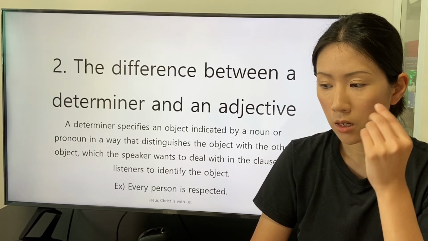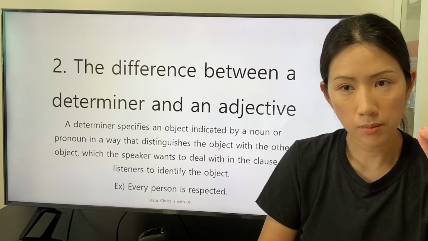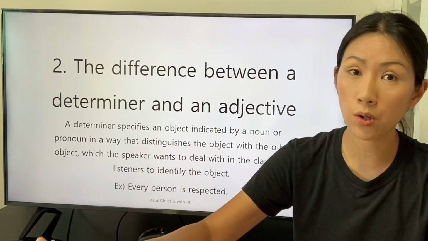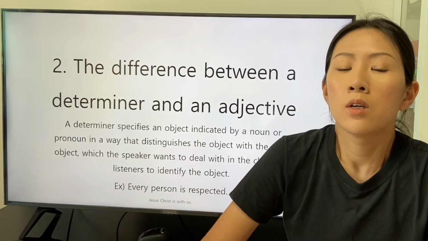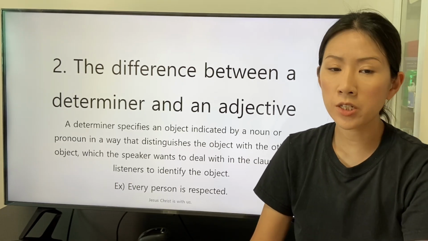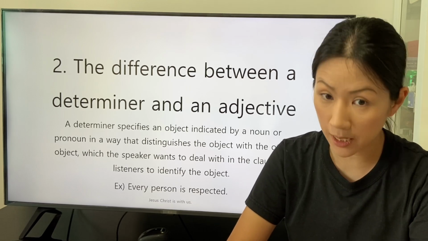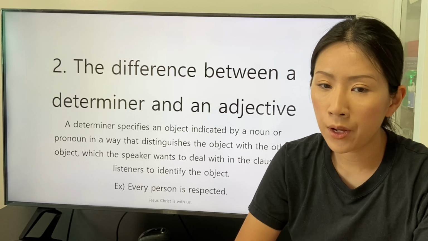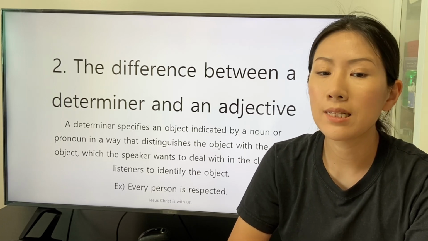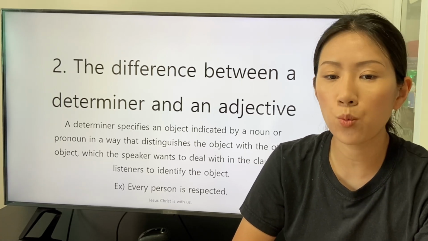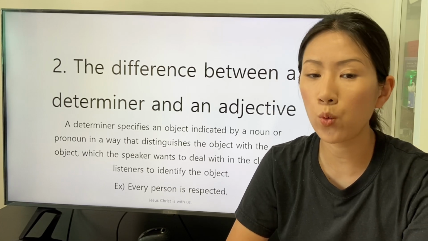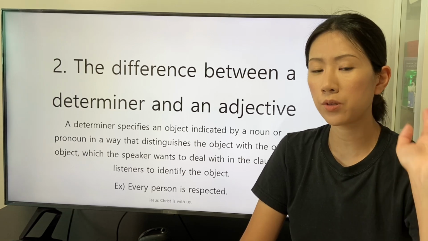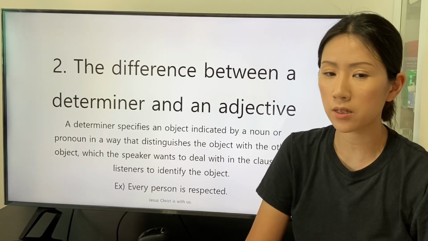definition is about a condition of a subject or an object. A determiner specifies an object indicated by a noun or a pronoun in a way that distinguishes the object from the other object which the speaker wants to deal with in the clause, for the listeners to identify the object.